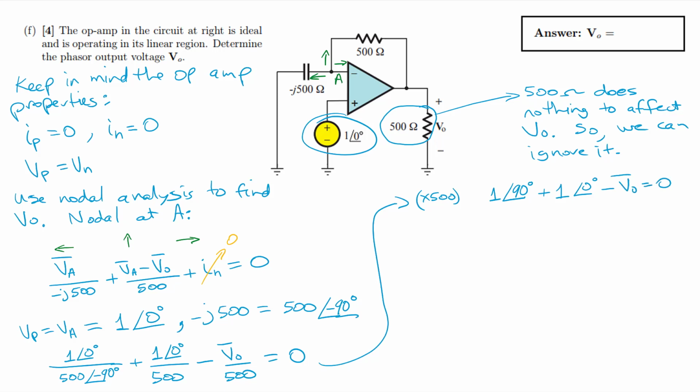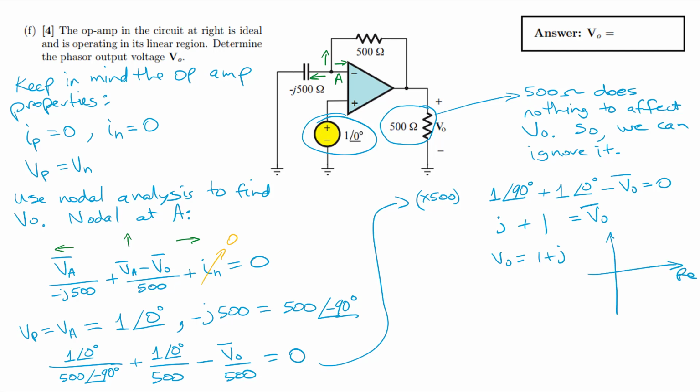And then 1 at 90 degrees, that's just j, plus 1 at 0 degrees, well, that's just 1, it's a real number, and we'll bring Vout to the other side. So Vout is equal to 1 plus j when we put it in standard form.